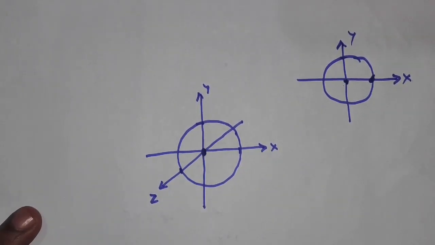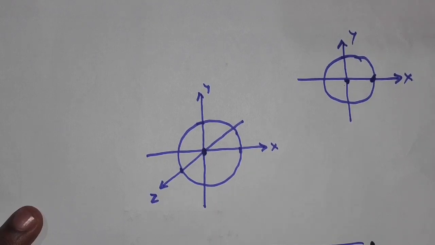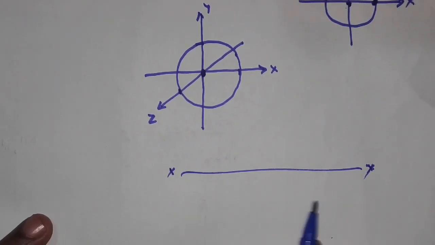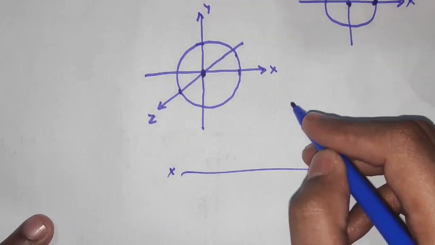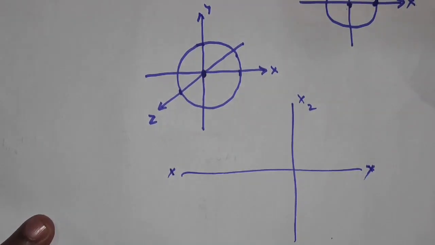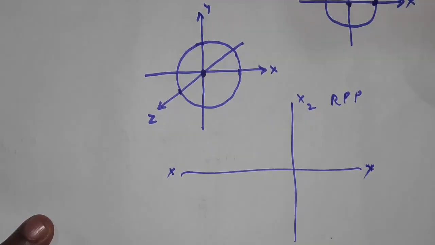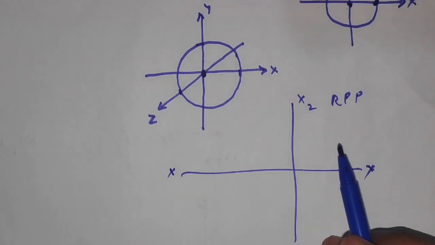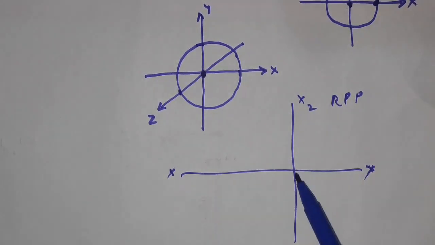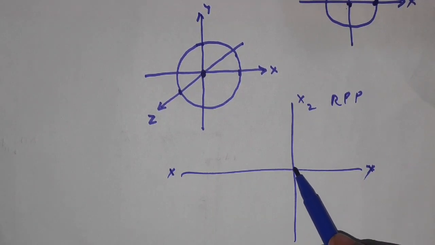So in our problem also we'll be doing the same thing. So we have the XY line. So we have this X and this is Y, the XY line. So here we have the XY line in our problem, and say we have the X2 Y2 line, and this is the RPP. So the point is located at a shortest distance, or some distance is given, from the intersection of the X2 Y2 and XY line.